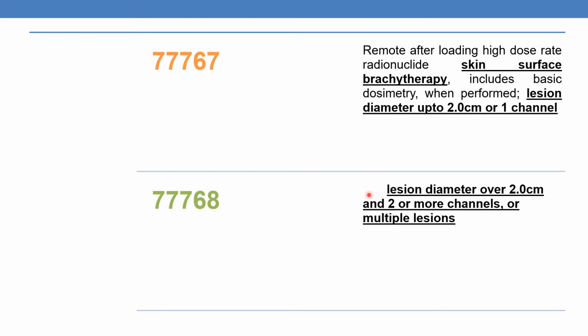The description is remote afterloading high dose rate radionuclide skin surface brachytherapy. Here the lesion diameter is over 2.0 centimeters and 2 or more channels or multiple lesions. For all these cases, 77768 must be used. Whenever the lesion diameter is greater than 2 centimeters and whenever 2 or more channels are used, and even for multiple lesions also, you need to assign 77768.